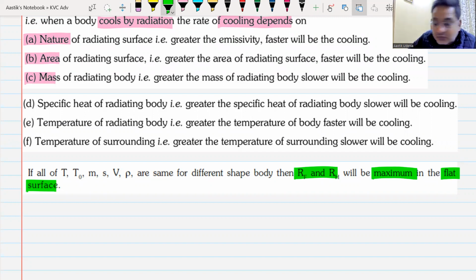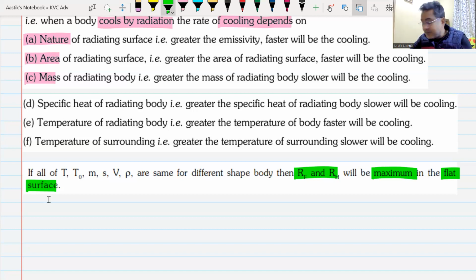You have seen that, yes or no? That's why nowadays we have flat bottom cooking utensils, because heat is evenly distributed and it heats up faster. Do we understand this? Yes, sir.